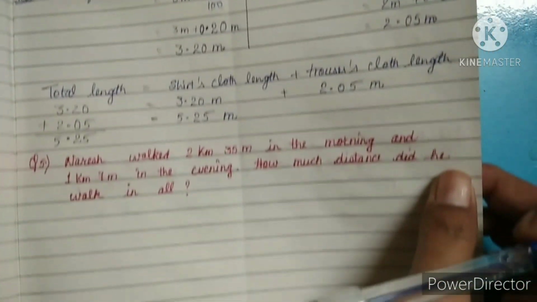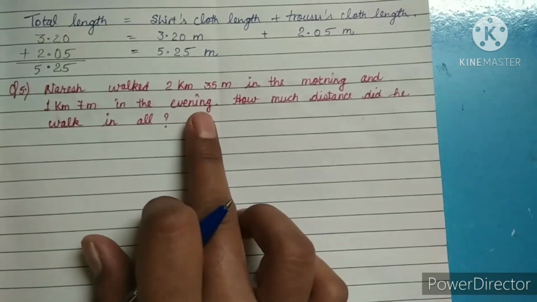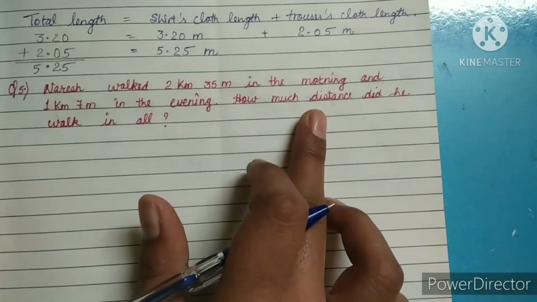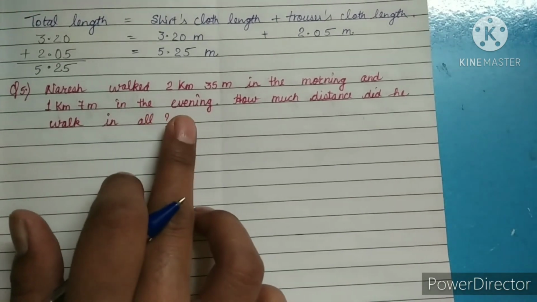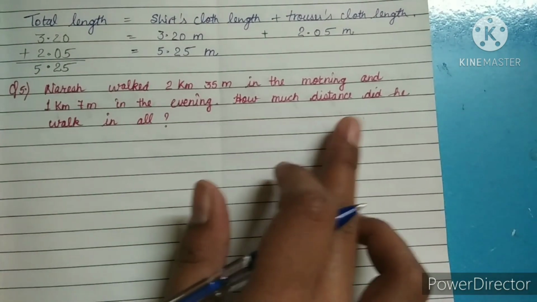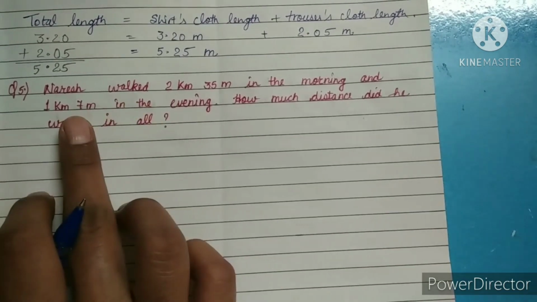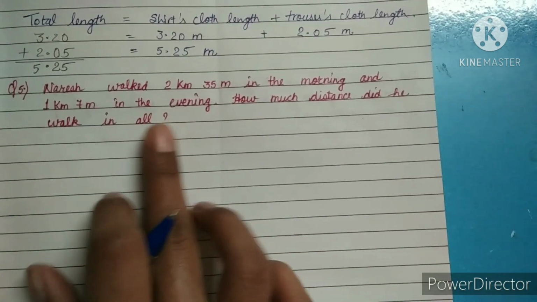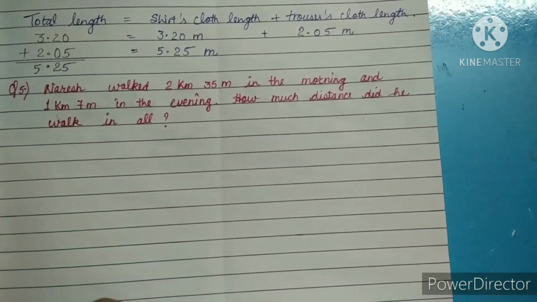Now question number 5 is Naresh walked 2 km 35 meter in the morning and 1 km 7 meter in the evening. How much distance did he walk in all? So Naresh is walking in the morning and evening, but length is given in the kilometer meter.